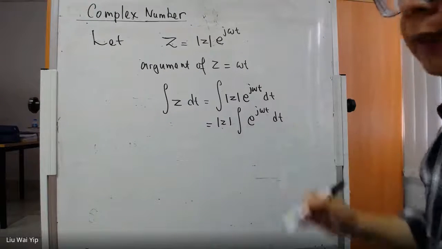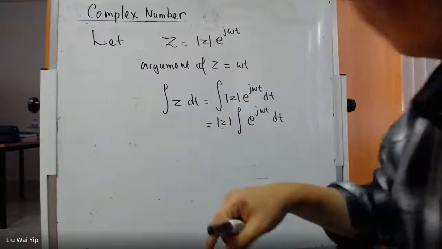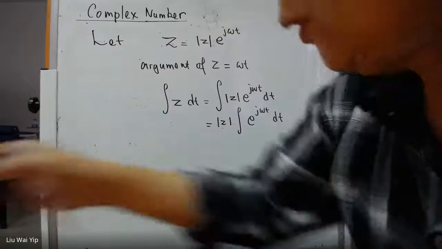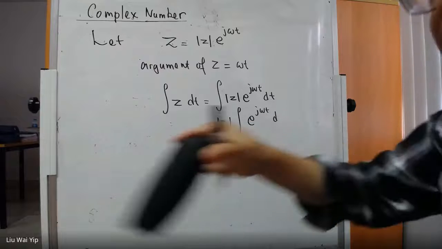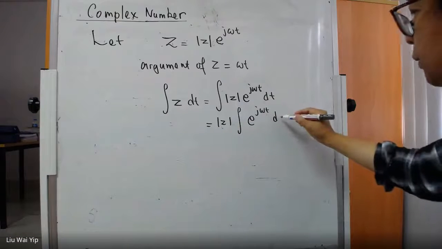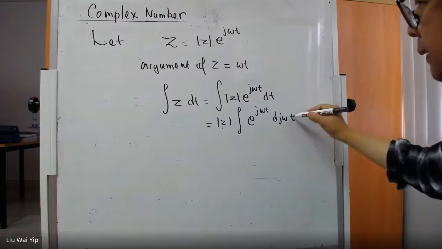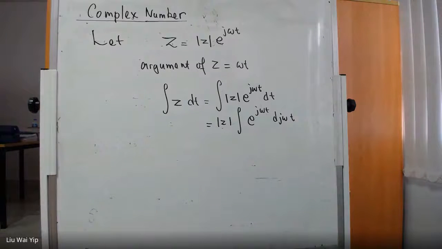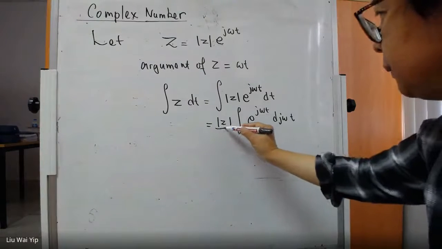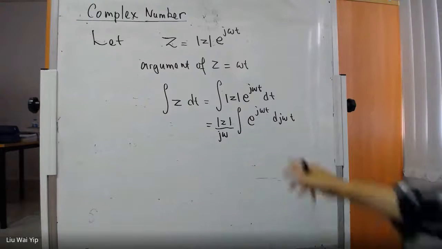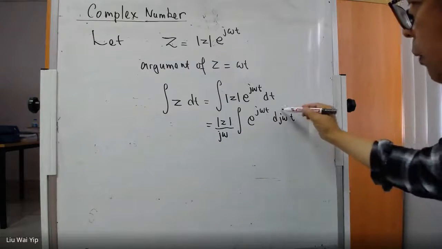And dt, and different people have different ways of resolving this equation. For me, I will do this. I will insert j omega here, and then the dt will remain. And then here I will do this. So this is the way I resolve the problem.